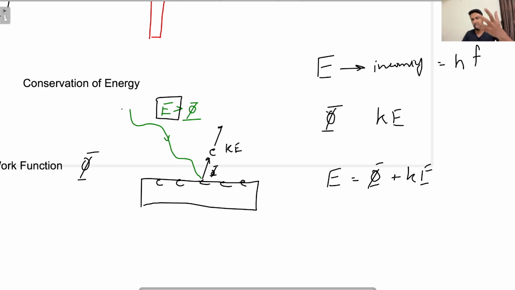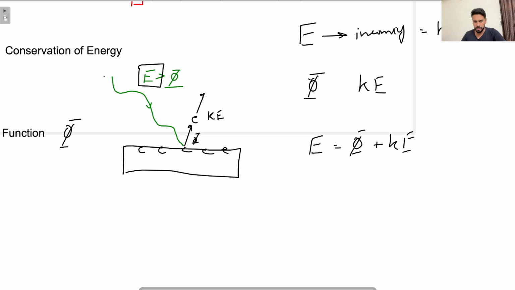Now, to show this equation more appropriately, I have h into f equal to work function, phi, plus half mv square. You all know by now that kinetic energy is half mv square, and phi is the work function here.